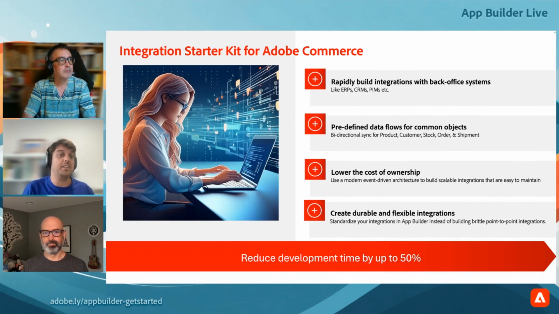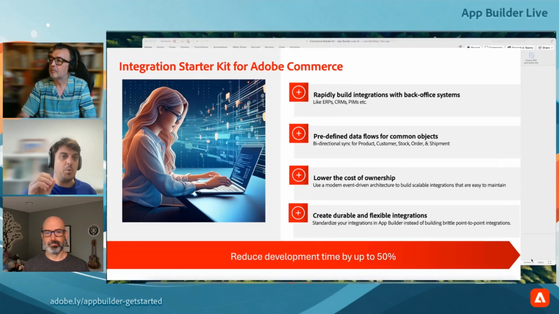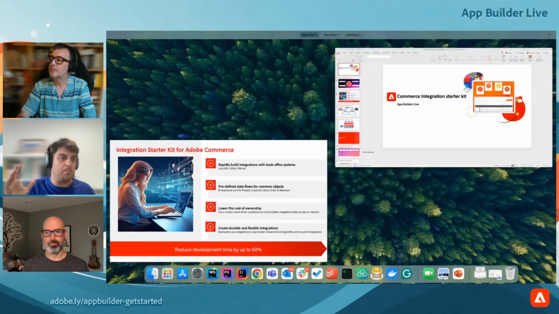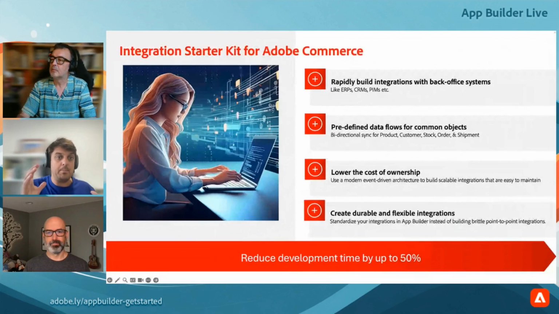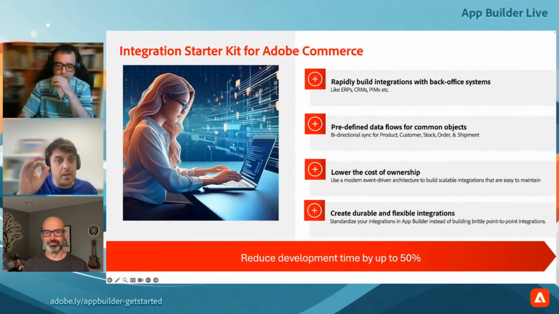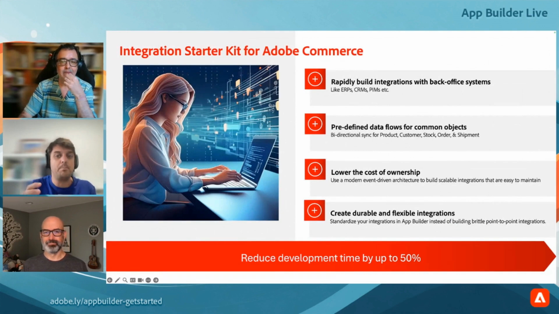So if you want to, for example, switch something in one specific data flow on the shipment side, you don't need to deploy the whole core development. You will probably just need to deploy one single runtime action inside your App Builder project. So that heavily reduces the development time.